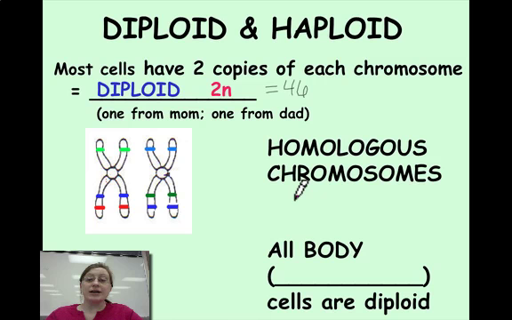That's because we have homologous chromosomes. We have 23 pairs. Remember, this one comes from mom, and let's say this one comes from dad. And we're going to have 2 of each chromosome type. So 2 times 23 gives us 46. So we say all body cells, or all somatic cells, are going to be diploid.